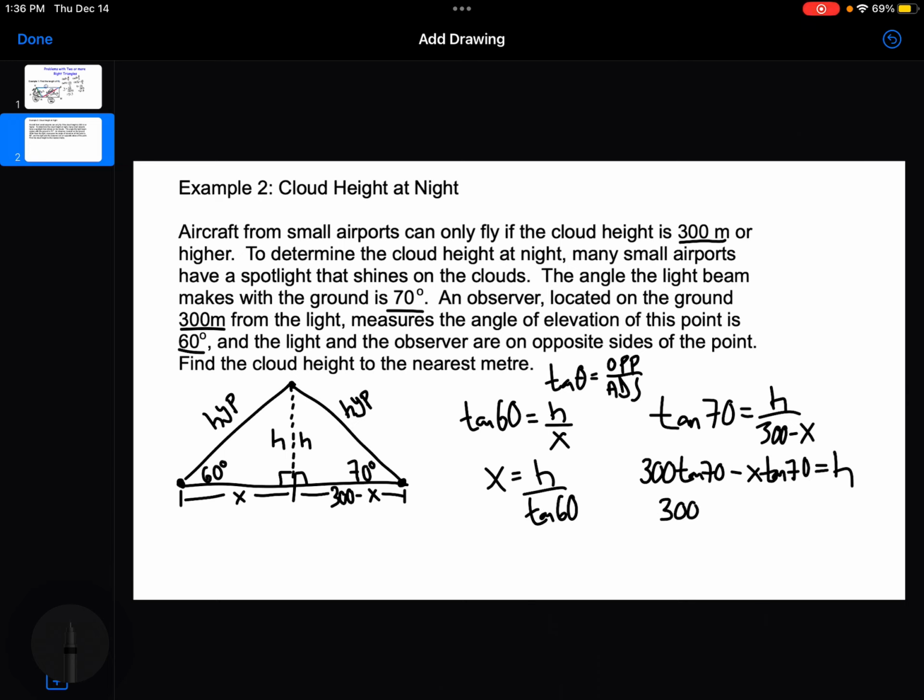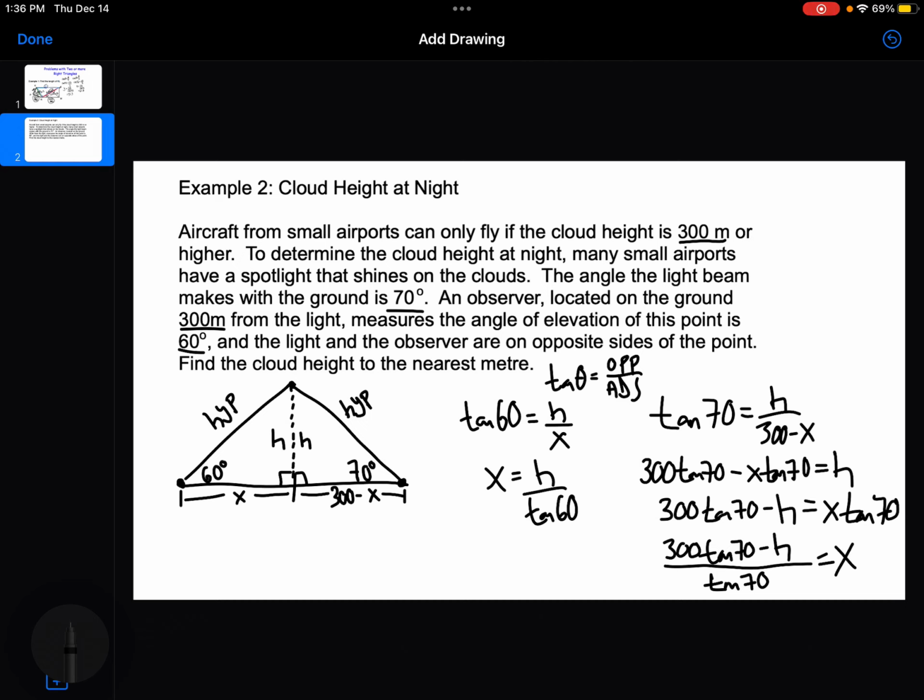So I'd get 300 tan 70 minus h equals x tan 70. And then I'm going to divide both sides by tan 70. So I'd get 300 tan 70 minus h all divided by tan 70 equals x.